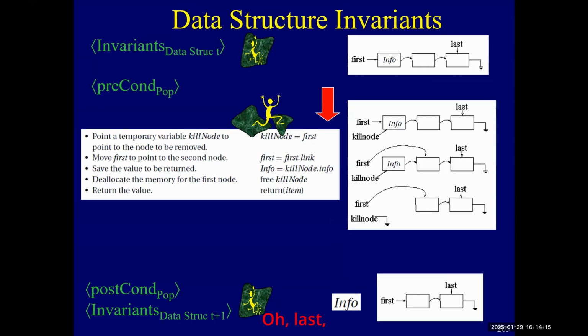Oh, last, in this one, we're popping off the first guy. And what's last doing? Last is way down, doing last sort of things, right? The only time we need to change, if the list is long, we only need to change last when the last item changes, right?